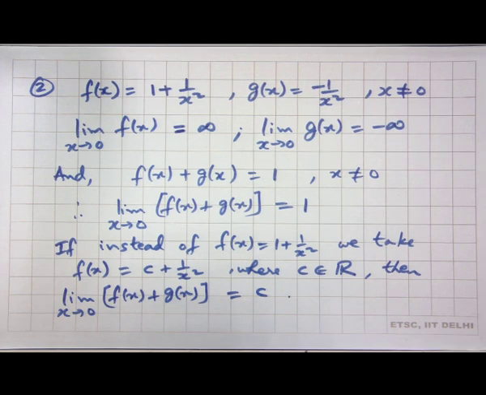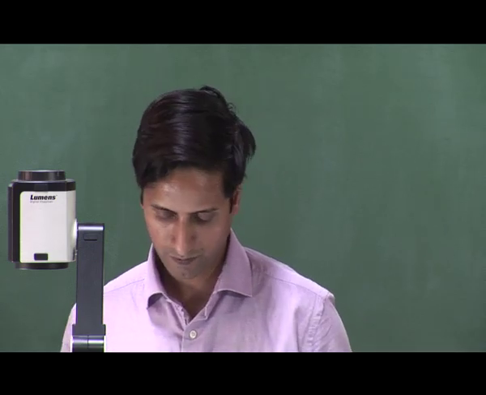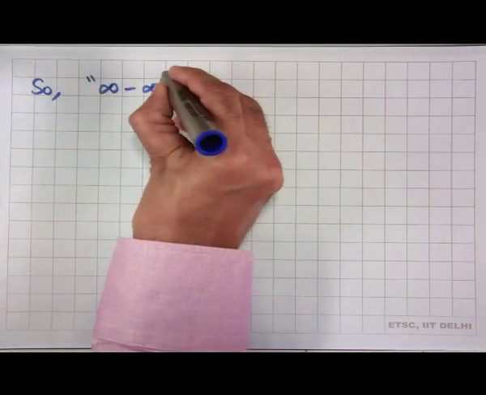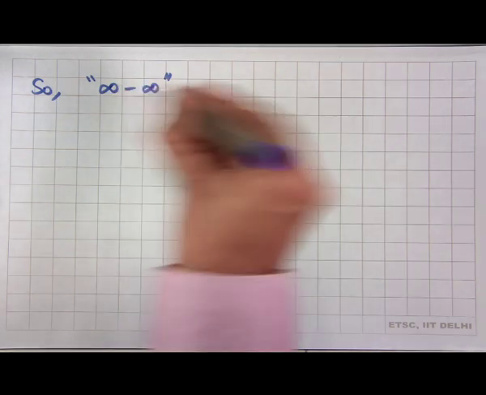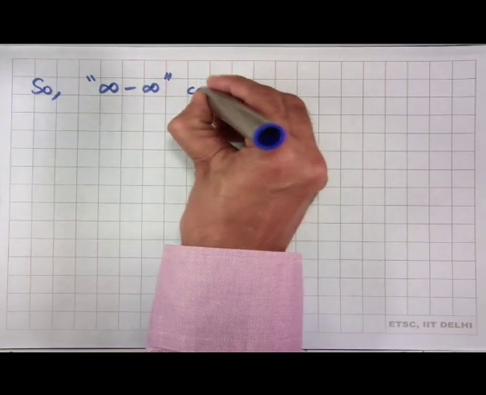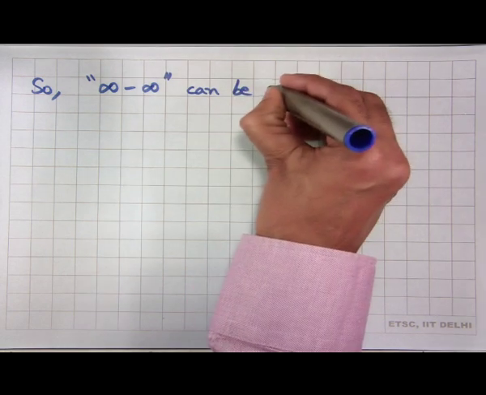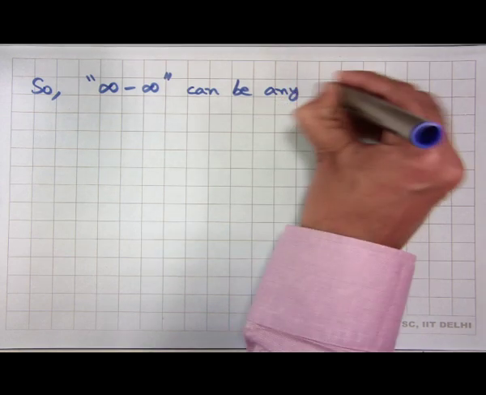So this infinity minus infinity, which does not make sense, can be any real number.